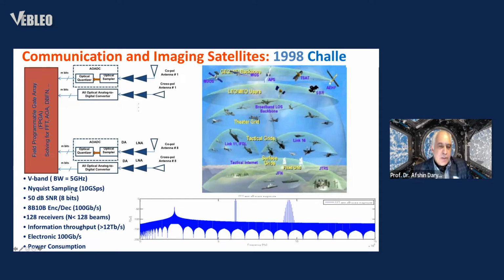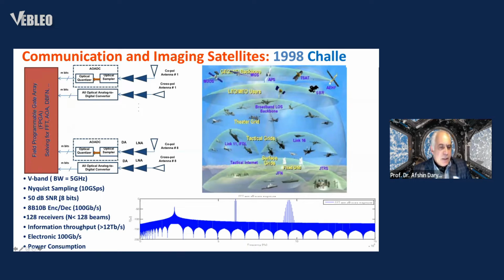Let me share with you one aspect related to the V-band satellite system operating around 50 gigahertz. If we consider a typical 10% bandwidth system, you're looking at a minimum bandwidth of about 5 gigahertz. And if we use Nyquist sampling, you have 10 gigasamples per second for that 5 gigahertz of bandwidth.